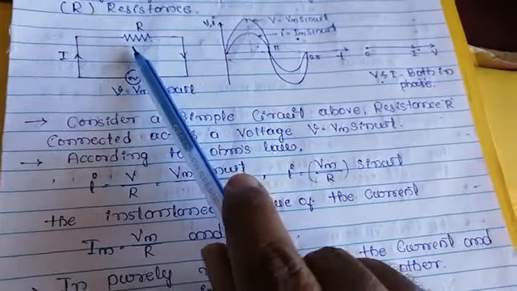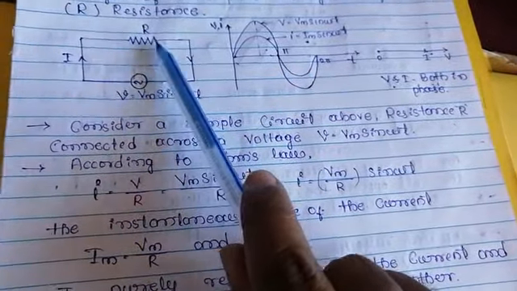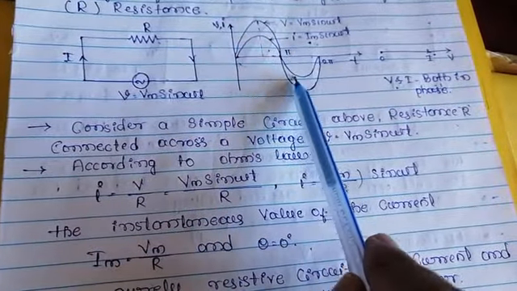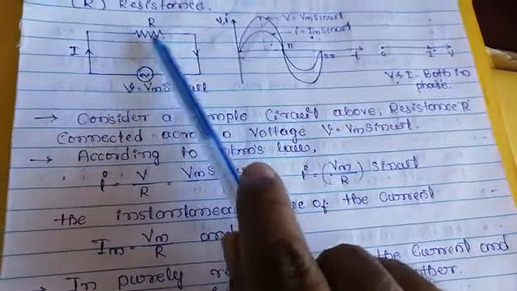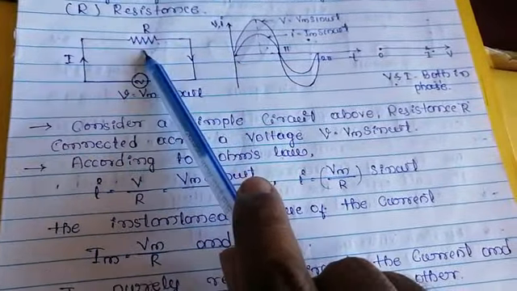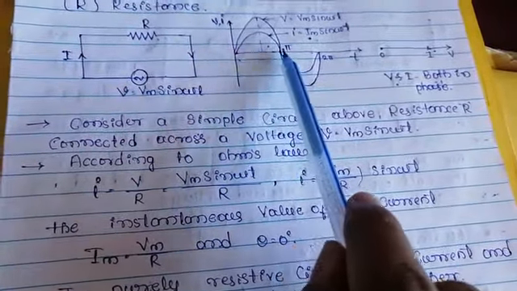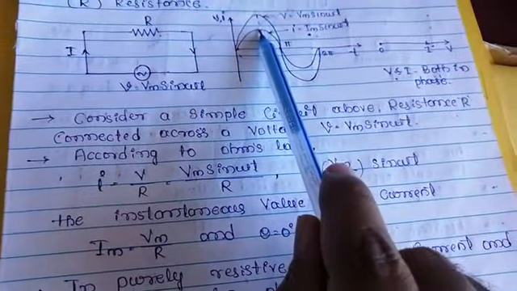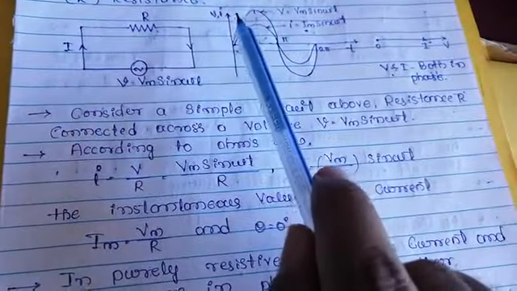When the circuit consists of only resistance, the voltage and current waveforms start together, flow through the resistor, and meet at the maximum and minimum values at the same point. See here, it is maximum: current is maximum and voltage is also maximum.